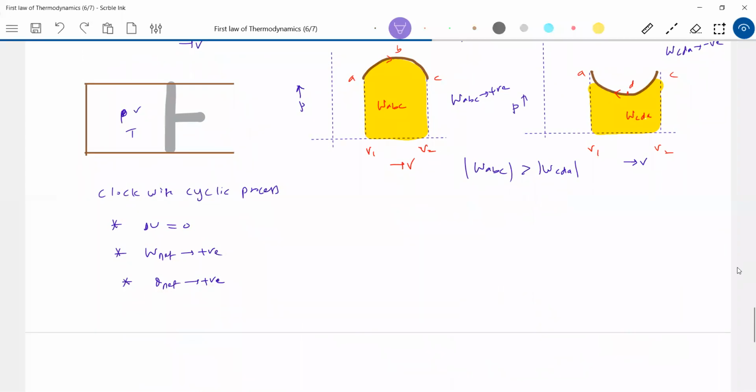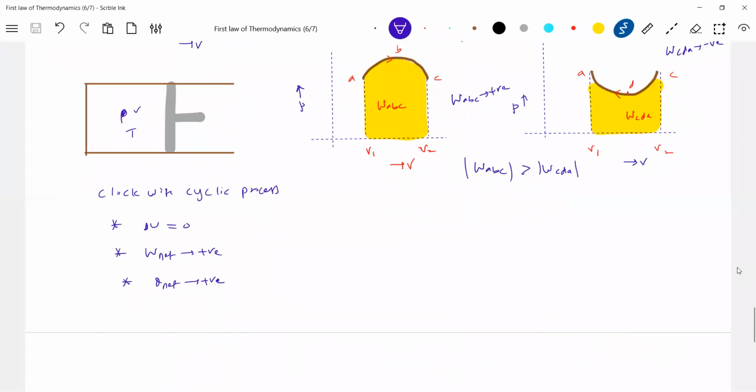Similarly, for a counterclockwise or anticlockwise cyclic process, what is delta U? 0.